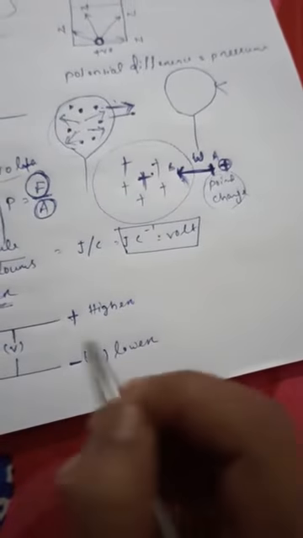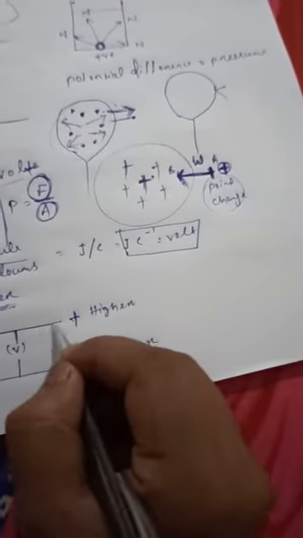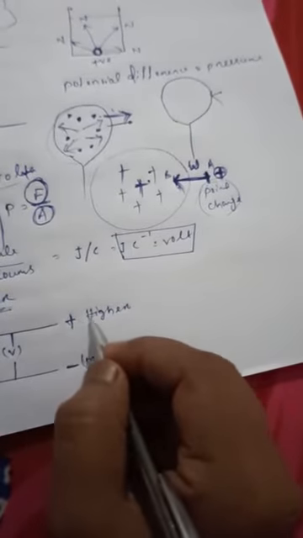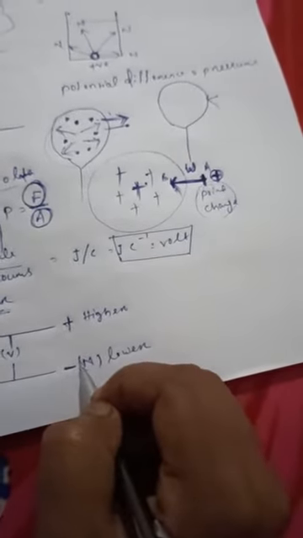As current flows from the positive to the negative end, or from higher potential to lower potential, how will you measure?